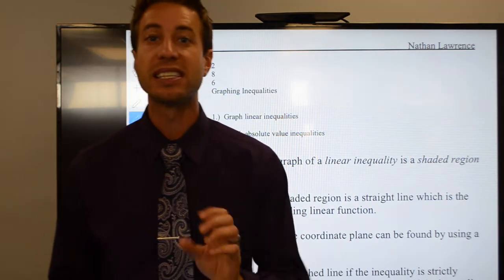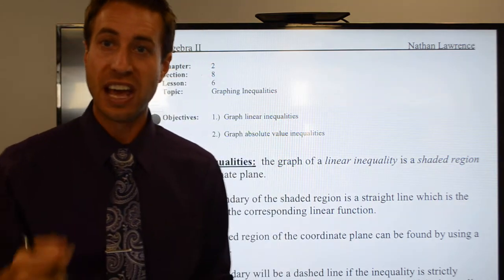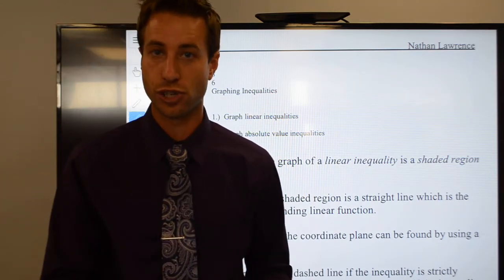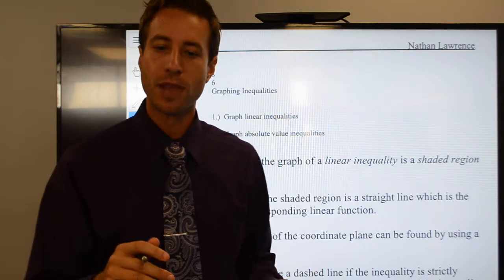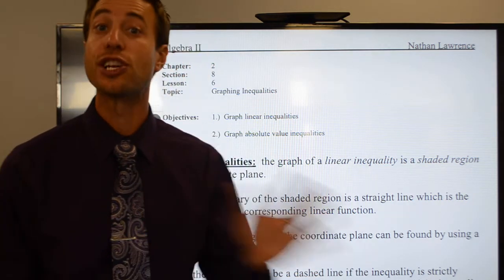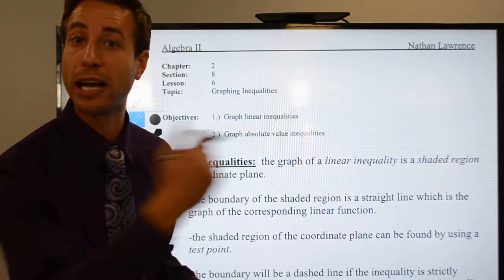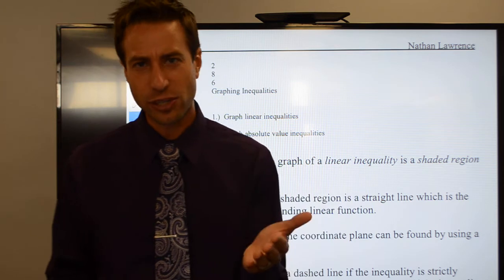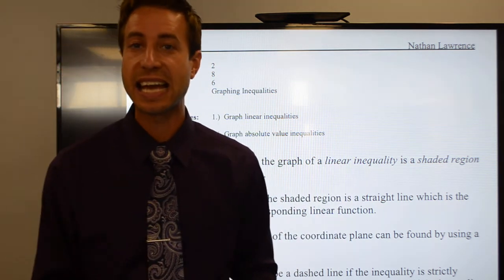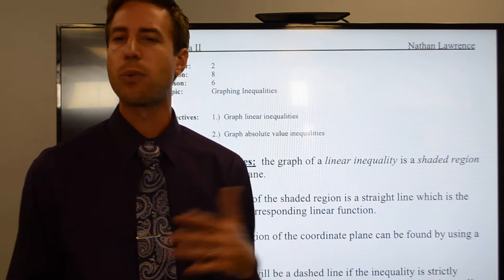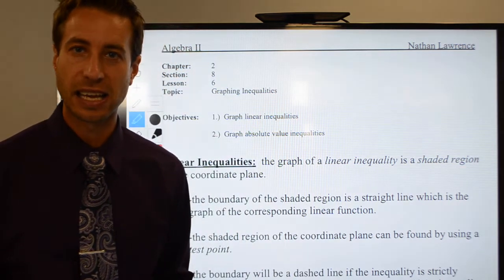A was the dilation. Am I stretching my graph or compressing my graph? H was the horizontal shift, left and right. You had to remember that whatever the sign of H is, the shift will be in the opposite direction. So if H is negative, you actually go in the positive direction. If H is positive, you go in the negative direction. And then there was K, the vertical shift, which works the way we would want it to. If K is positive, you go up, and if K is negative, you go down.